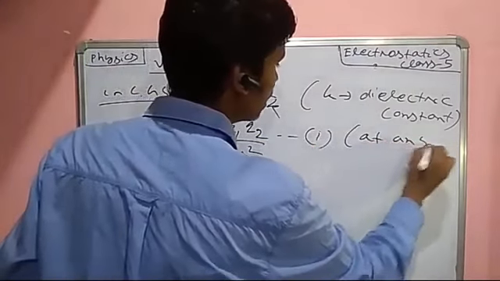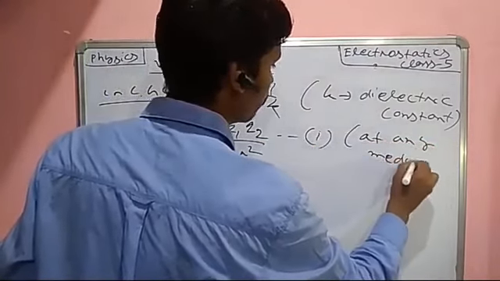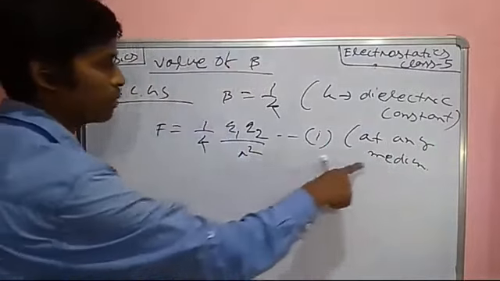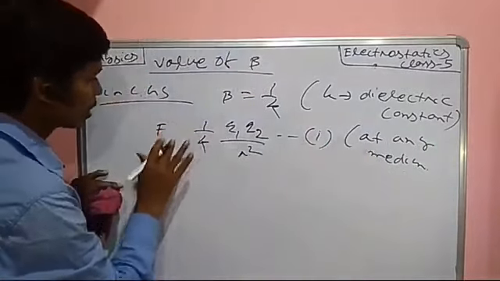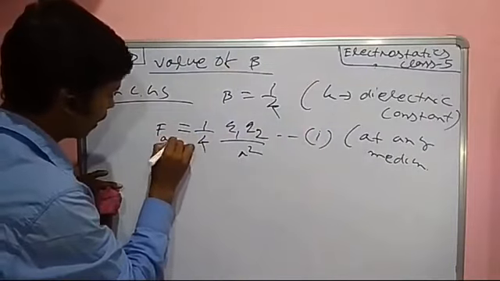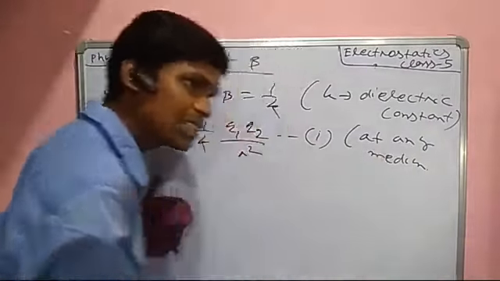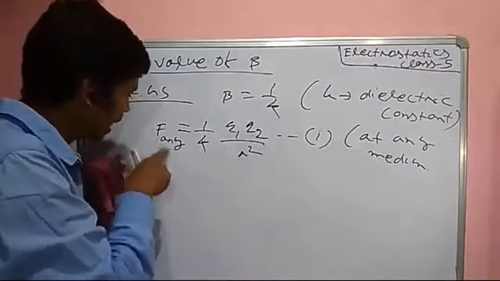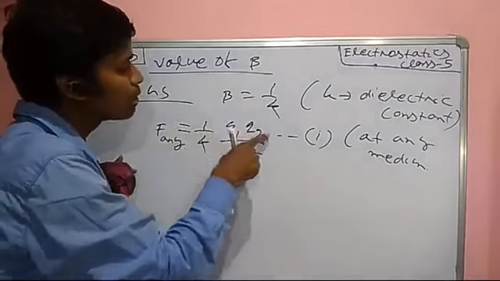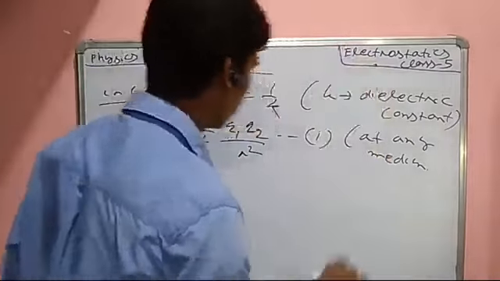The force between two charges at any medium is named F any, equal to 1 by K q1 q2 by r square. That is equation 1.